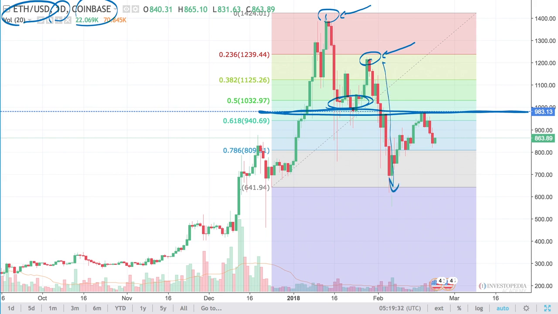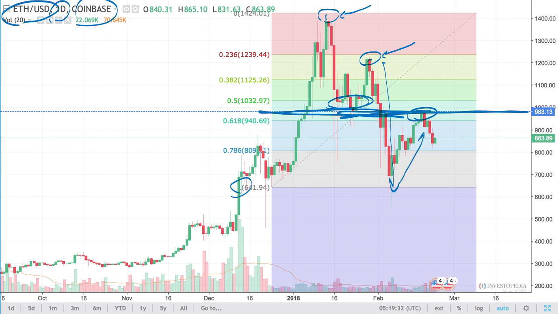So on this chart of Ethereum, what I'm looking at is a 100% retracement from the highs in Ethereum. Remember, support then turns into resistance in the future. So this price level right here at 983 then became resistance when Ethereum bounced off the low.